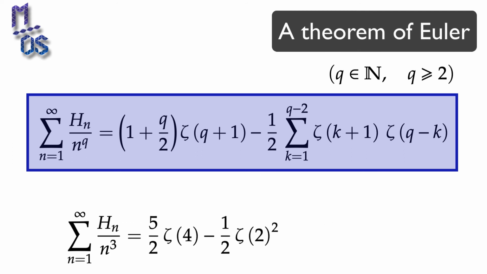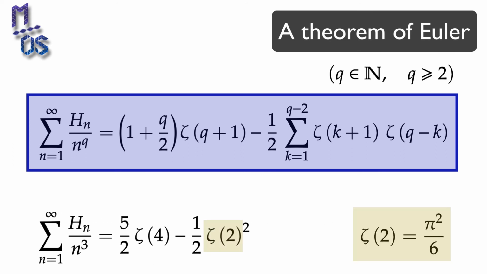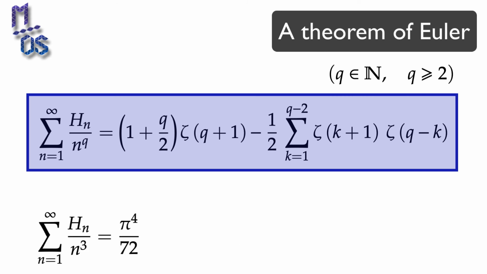We already saw that zeta of 2 equals pi squared over 6, and it's also known that zeta of 4 equals pi to the 4th power divided by 90. Simplifying this last expression gives, as expected, pi to the 4th power over 72.